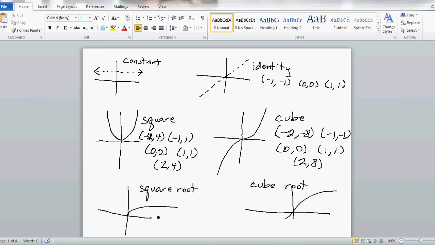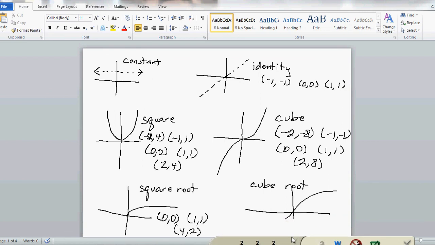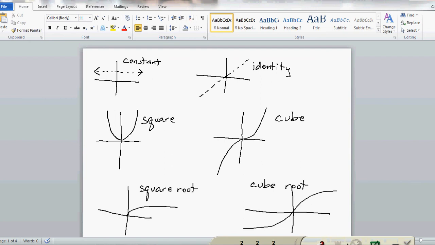Square root, there are 3 of them: 0, 0; 1, 1; and 4, 2. If you have room, 9, 3 would be the next logical one to have. Cube root.